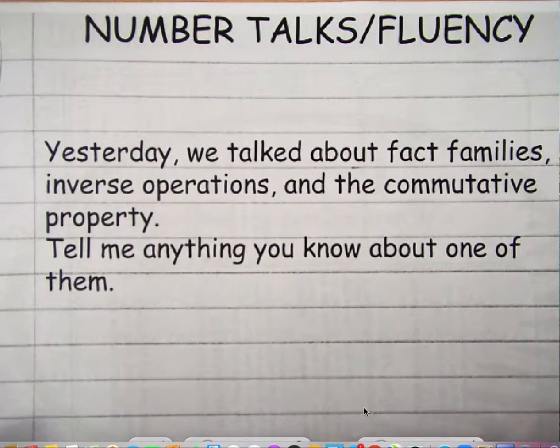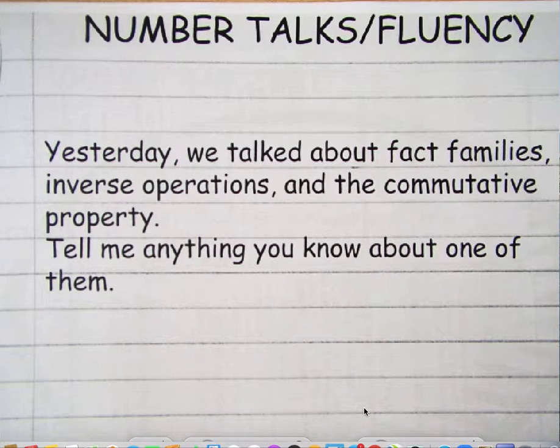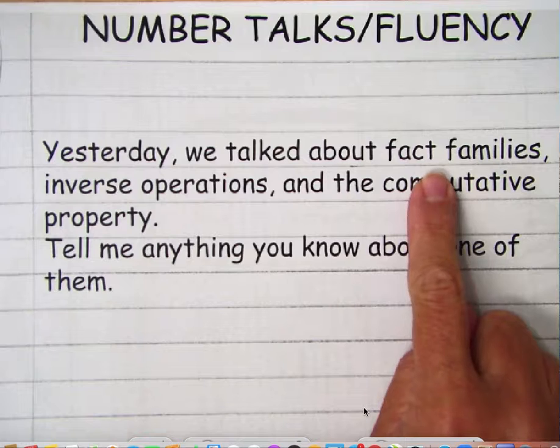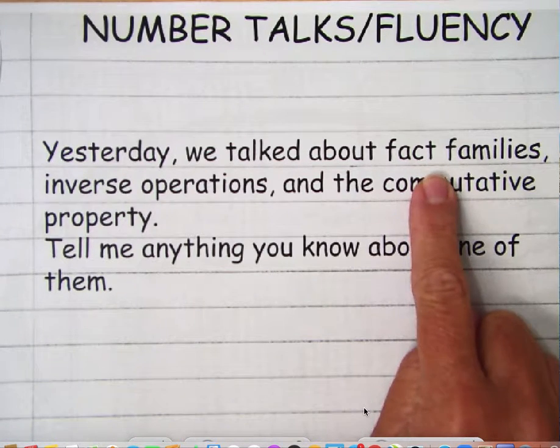Yesterday, this is our Number Talks Fluency slide. Yesterday we talked about fact families, inverse operations, and the commutative property. So I want you to tell me anything you know about one of them. Fact families. How many facts are in a fact family? Well, 4.